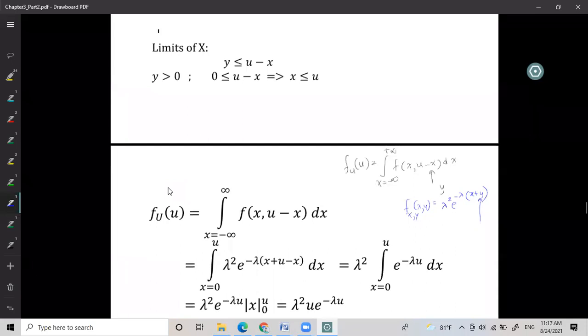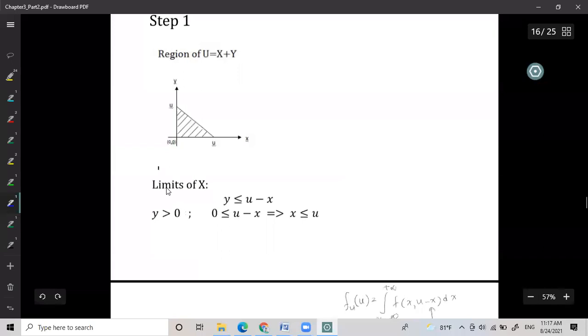That's it. And what will happen to the range? X will go from 0 to infinity, but where should it stop? It should stop at u, right? So if you slide this line, here's the limit. This is how you get the limit. So x will be less than or equal to u.